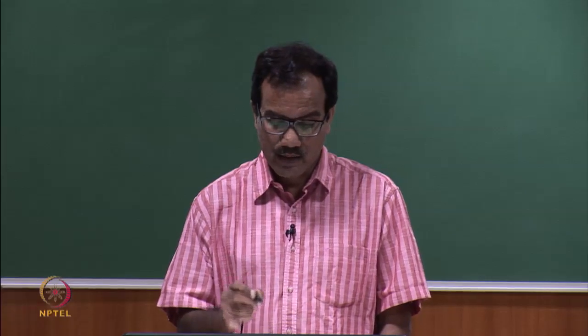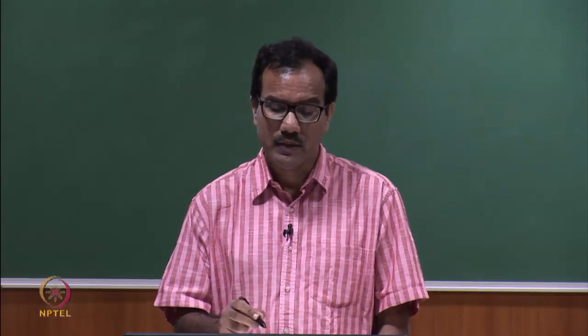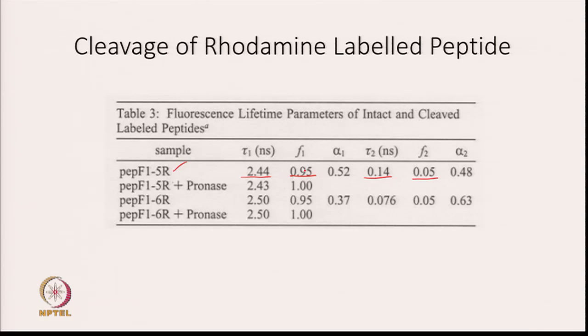So, this lifetime measurement tells you that 95% of the fluorophore is in one conformation with a lifetime of 2.44 nanosecond, and the 5% are in a conformation which has a lifetime of 0.14 nanosecond.